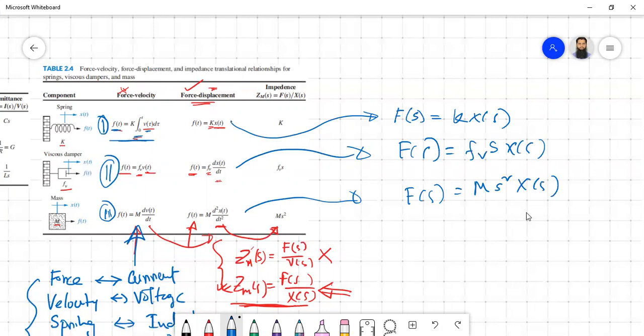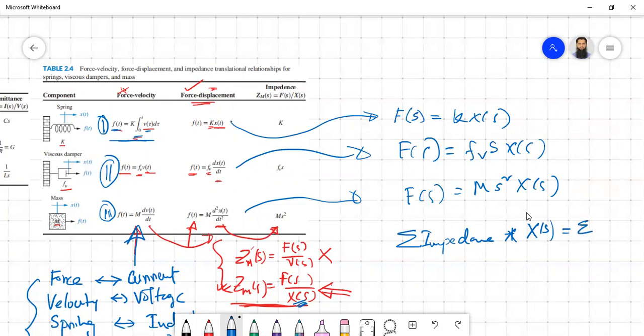Okay. Then you can find that one formula, that is the summation of impedances into, previously it was current. Now, since we are finding the analogy for ease of equation derivation with displacement, it is into displacement, which will give you the sum of the forces.